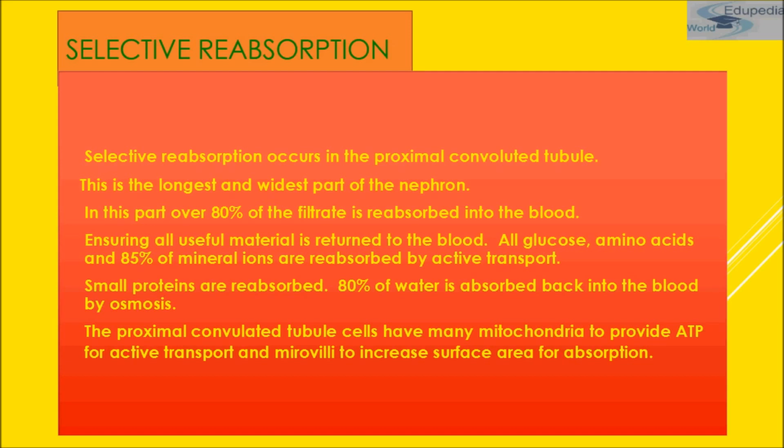80% of the water is absorbed back into the blood by osmosis. And the proximal convoluted tubule cells have mitochondria that provide ATP for active transport, and microvilli to increase the surface area for absorption.